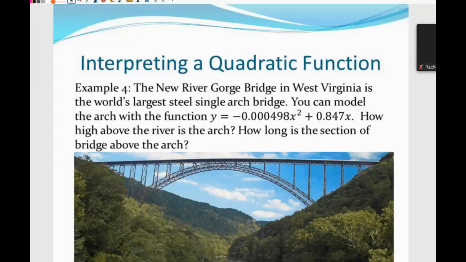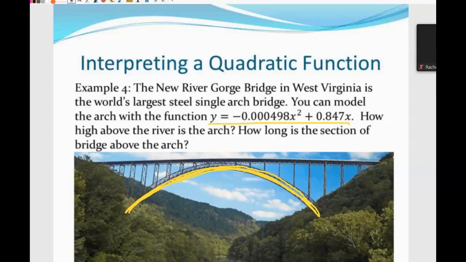So it says that we can model the arch of this bridge. So here's the arch. That arch can be modeled using the equation given to you above. How high above the river is the arch, as well as how long is the section of the bridge?